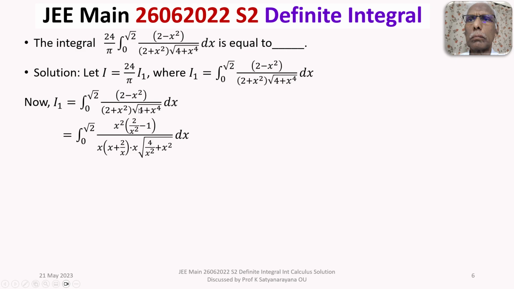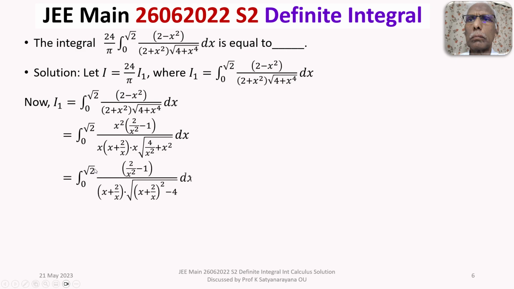Then it will be x square into (4 by x square plus x square). And that x square from under the square root will come out as x. So the common factors are cancelled.